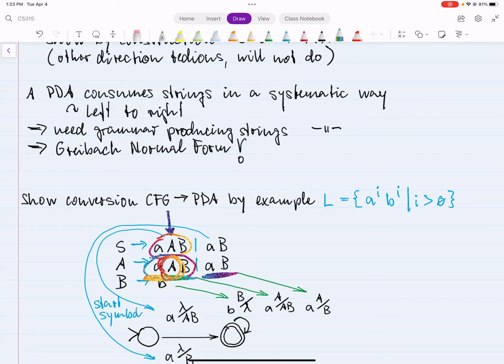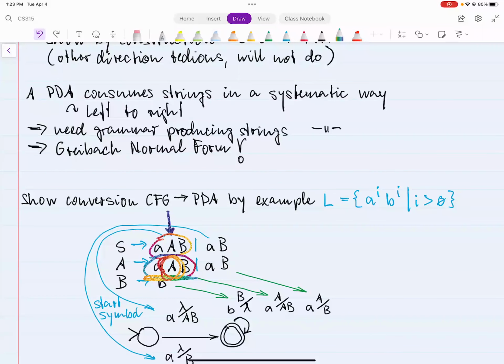So you might as well think that the cap A eventually needs to be replaced by baby a, baby b. So that final replacement of the cap A is not bringing the whole string out of balance. It actually keeps it by also adding an a and a b.